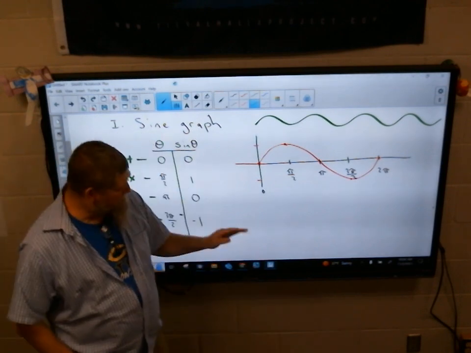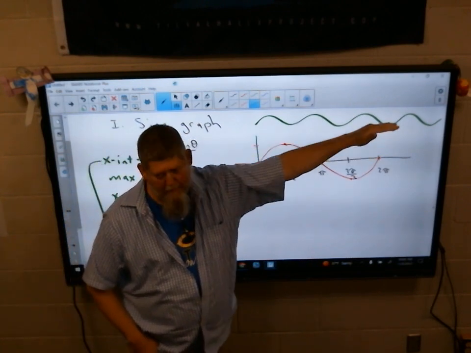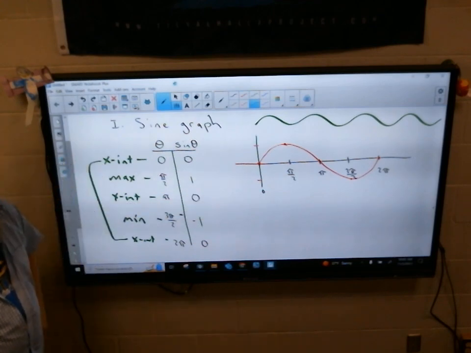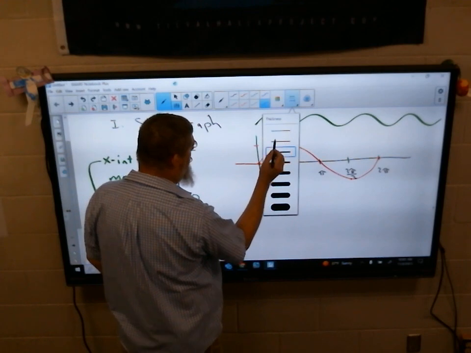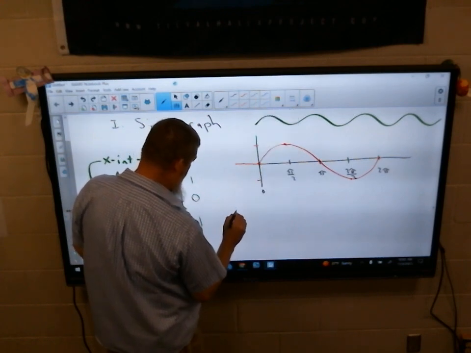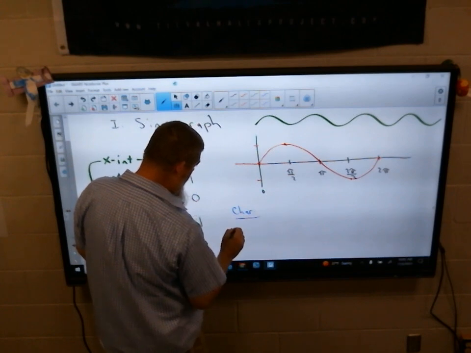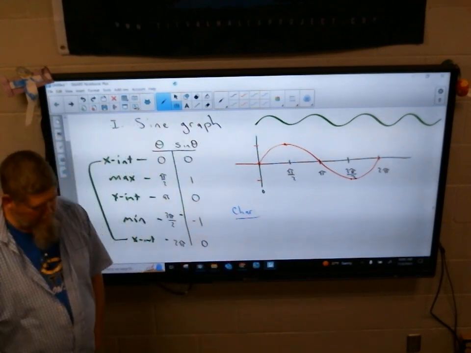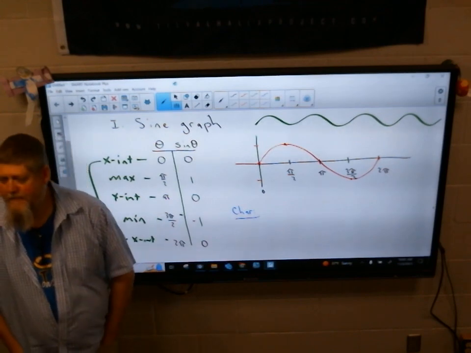So what are some other characteristics? Besides it going on forever, besides it going up to 1 and down to negative 1 and back and forth, what else can you tell me? What's the other characteristic of this particular graph? We'll put these in blue. These are important. On my notes, I simply put characteristics. You can put the things we just did. It oscillates, goes up and down, up and down. What are some other characteristics?